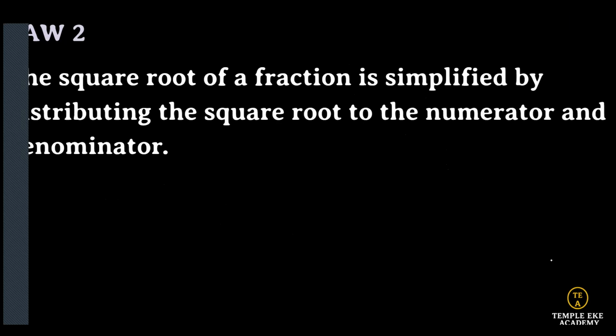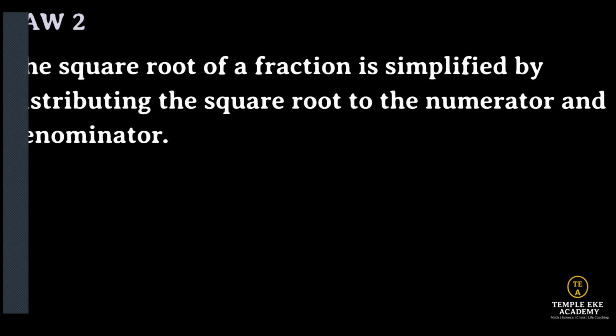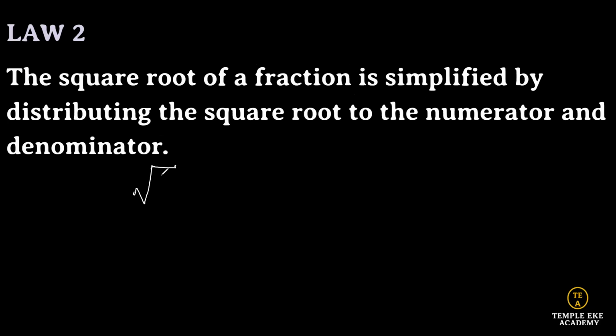So we have a third form, the square root of A divided by B. You can see this law says we'll give the square root of A divided by the square root of B.